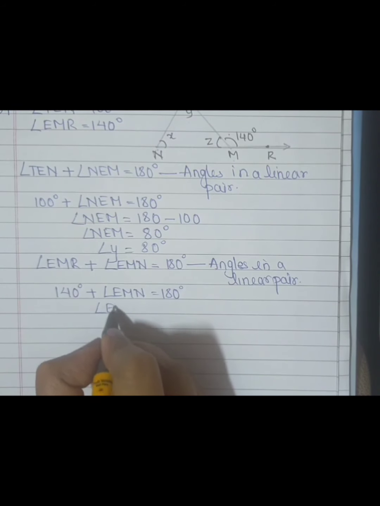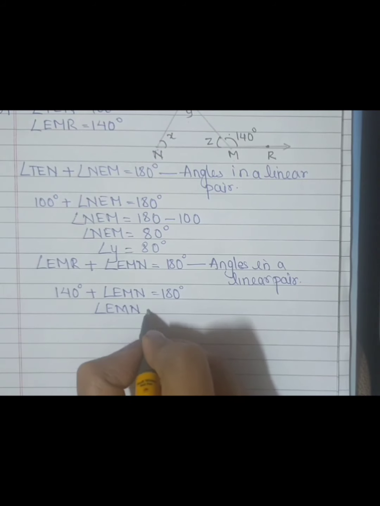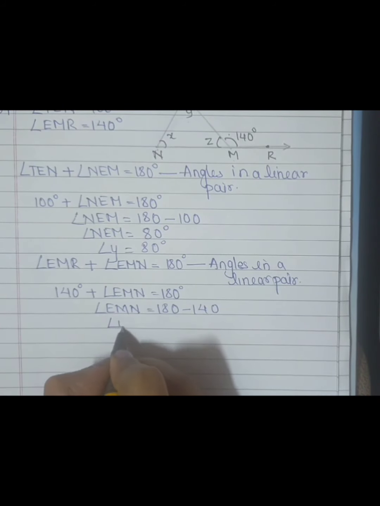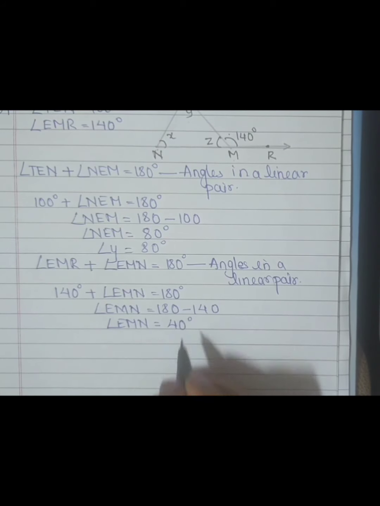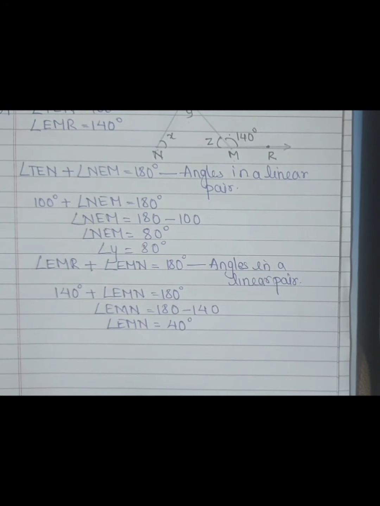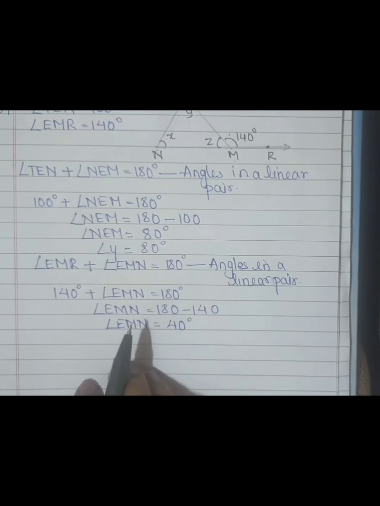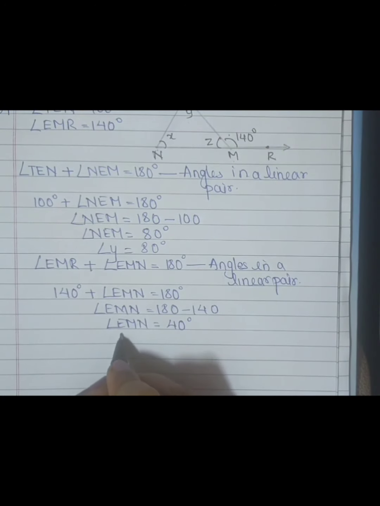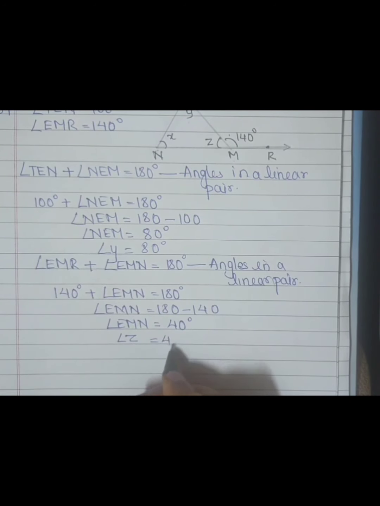Now angle EMN equals 180 minus 140, so EMN equals 40 degree. So we got angle z equal to 40 degree. I hope you understood.